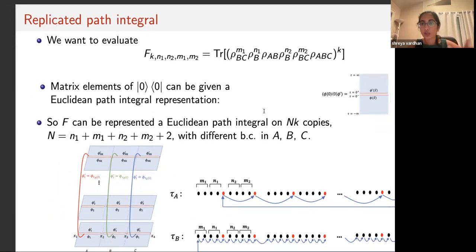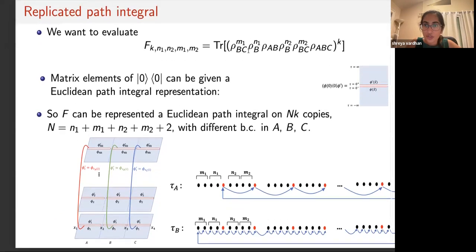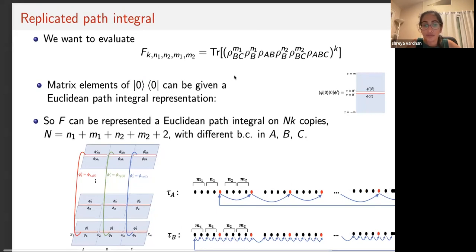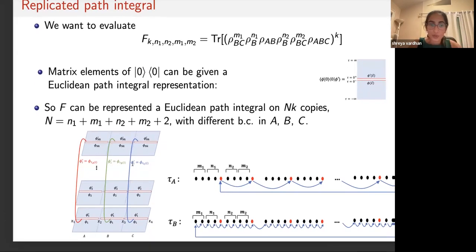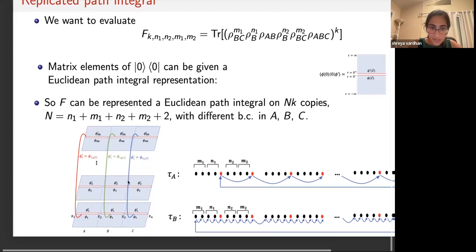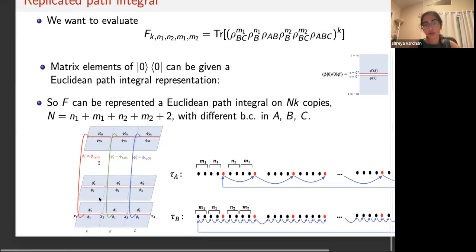We have some rules for gluing together these copies, and because the different regions play a different role in this expression, we get different rules for how we should glue together the copies in A, B, and C, and the complement of ABC. Okay, so based on those rules, we just get some complicated path integral on n times k copies.